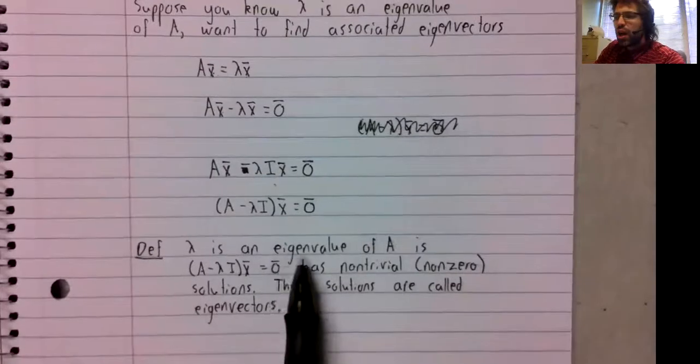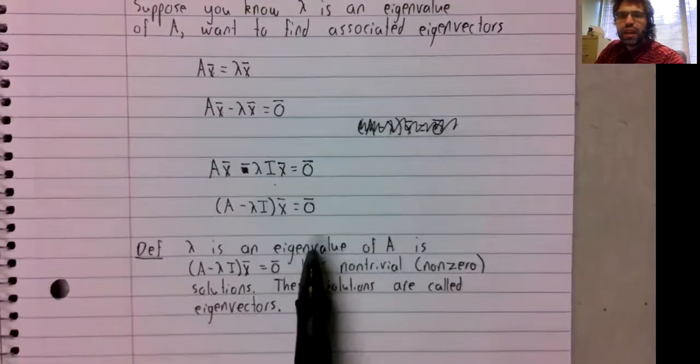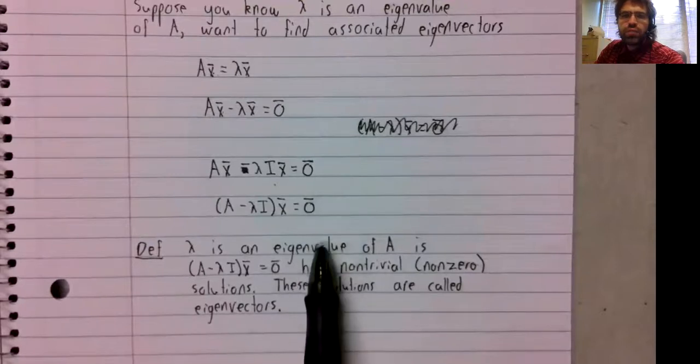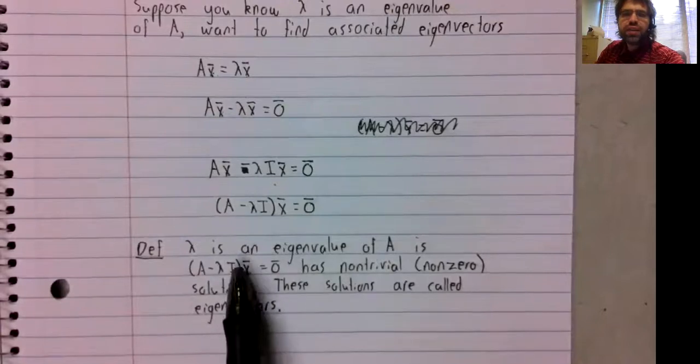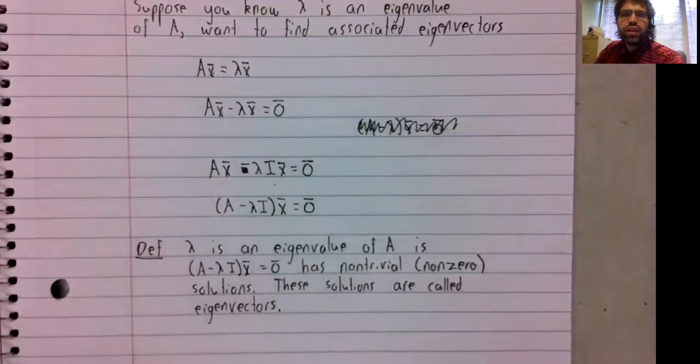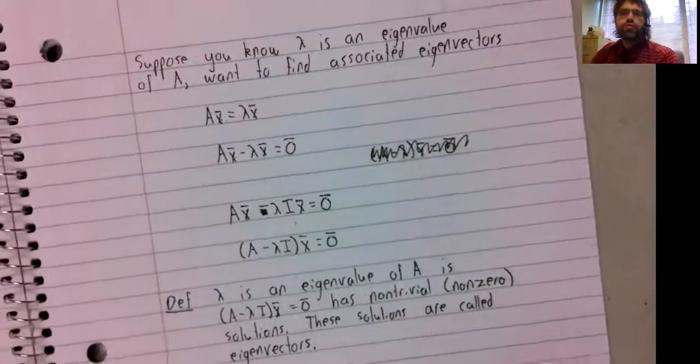We start with the eigenvalues, the real numbers, and then the definition involves some vectors x, and we give those vectors a name. So it's the same definition approached from two different directions.